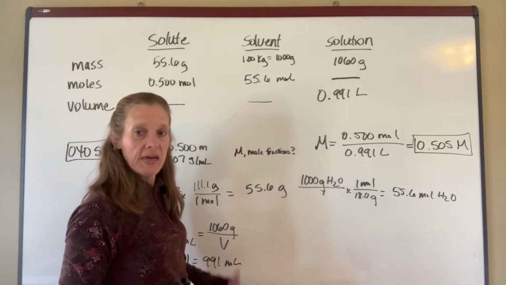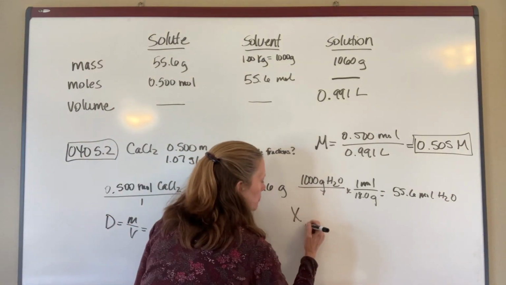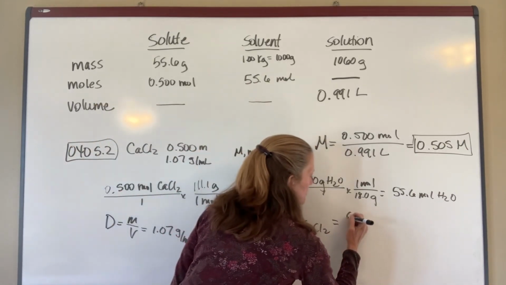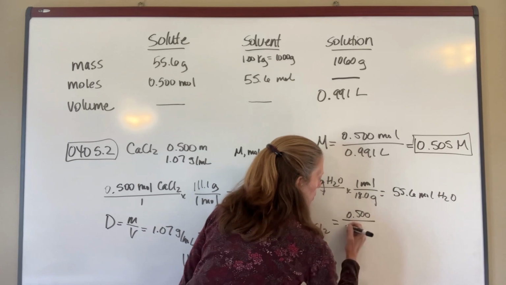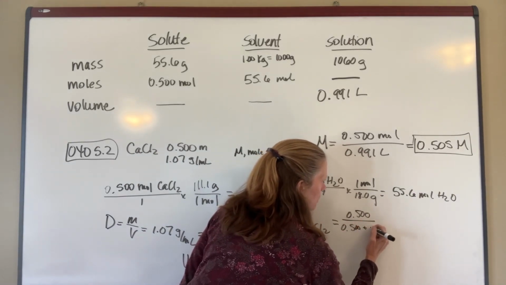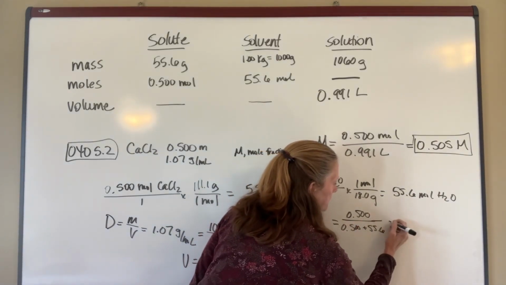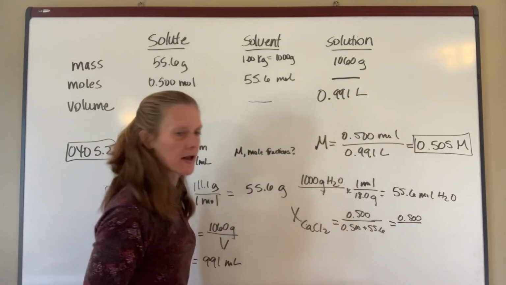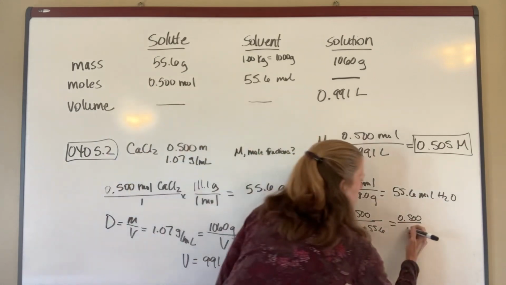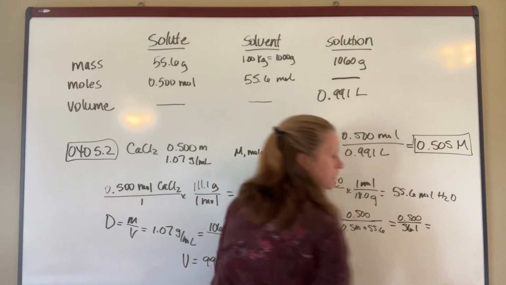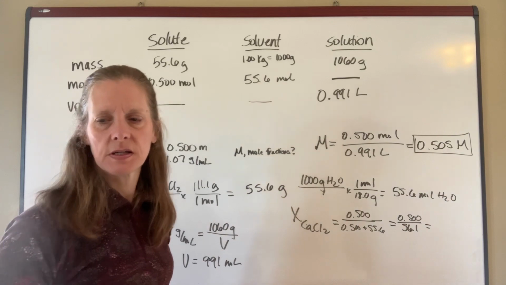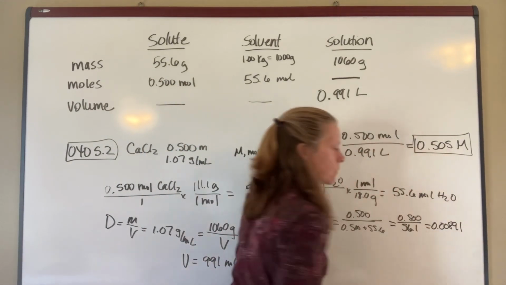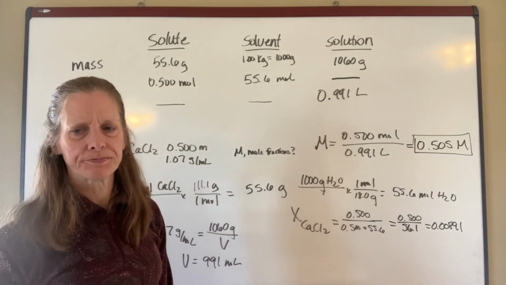Then for mole fraction, the mole fraction of calcium chloride is going to be 0.5 over 0.5 plus 55.6. When I watch my significant figures, we've got 0.5 over 56.1. And then when I divide that out, that's going to give me 0.00891 as a mole fraction.